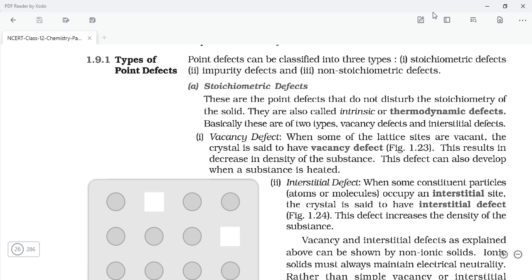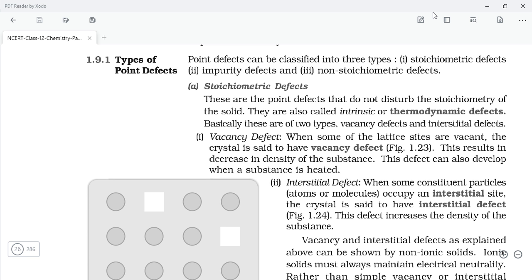The defect increases the density of the substance. This is interesting, right? If the substance already has vacancy defect, and you add some atoms in the vacant space, then the volume has remained the same and the mass has increased, so density will obviously increase.